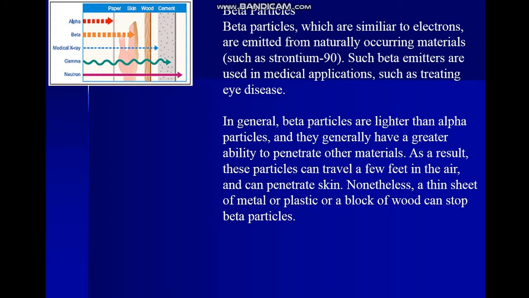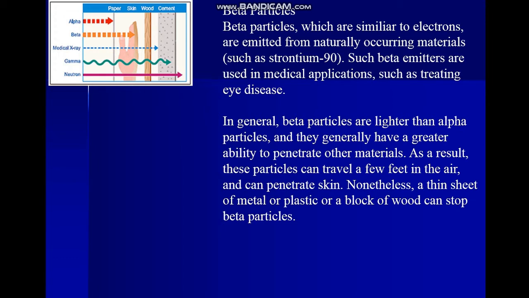The next type of ionizing radiation is beta particles. Beta particles, which are similar to electrons, are emitted from naturally occurring materials. Such beta emitters are used in medical applications, such as treating eye disease.